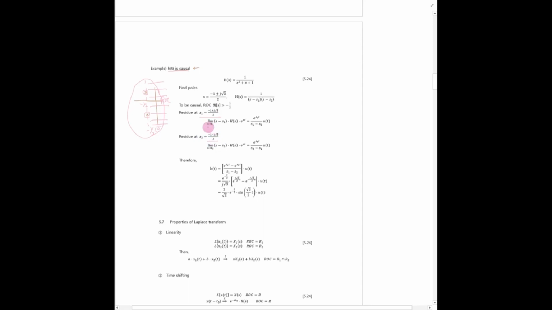To find the residue value at s equals s1, we multiply by this factor, then this part drops out, and the residue value is given like that. s is replaced by s1, giving e to the s1t over s1 minus s2, times the right-sided step. And the residue value at s2 we can find the same way, which becomes e to the s2t over s2 minus s1, times u(t).